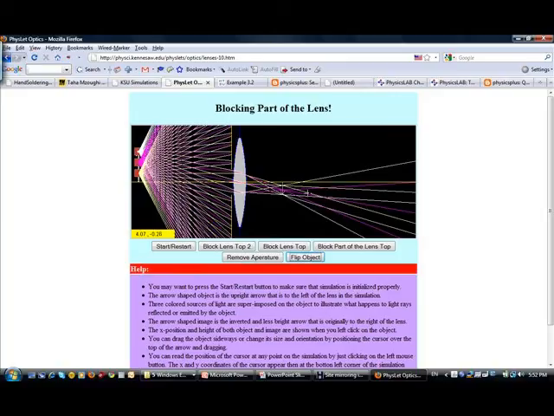Okay, think about this in terms of the eye. In our case, we have something like this in front of the lens of the eye, in front of our cornea. We have an iris that closes and expands our pupil.